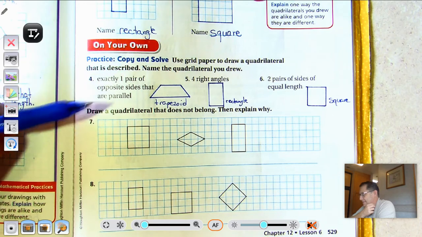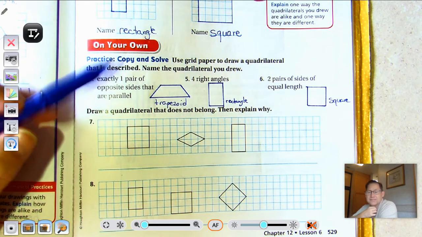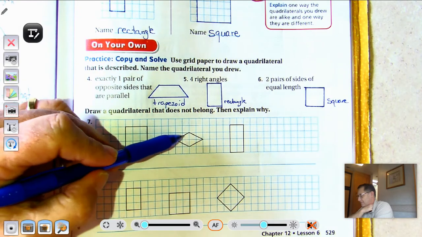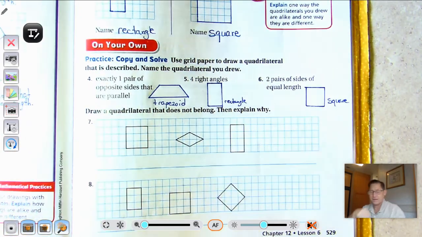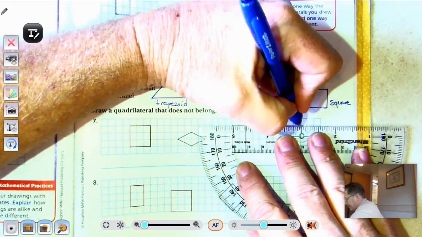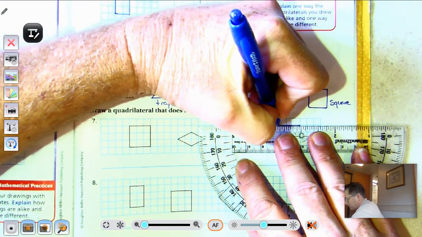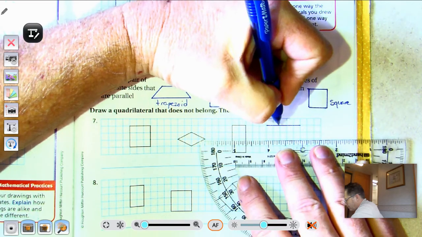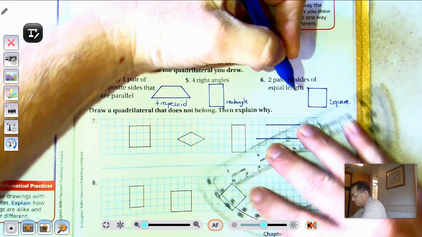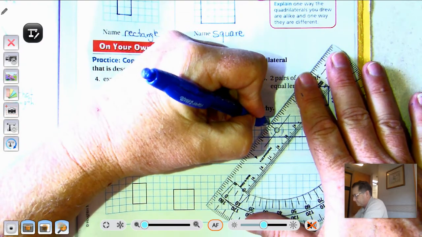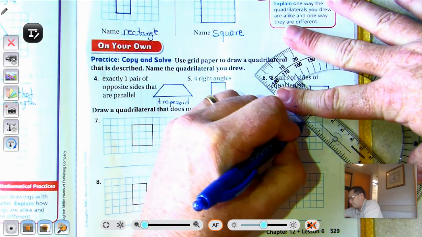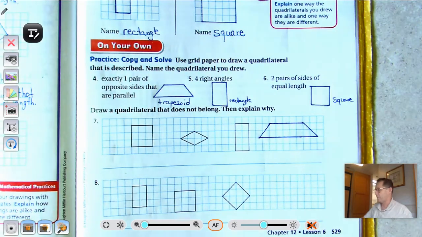So why don't we draw something that doesn't have 2 pairs of opposite sides that are parallel? This has 2 pairs of opposite sides that are parallel. This does. So does this. So why don't we draw something that doesn't have any parallel sides, or something that has 1 pair of parallel sides? Okay.